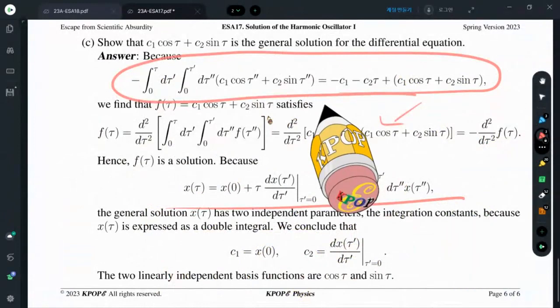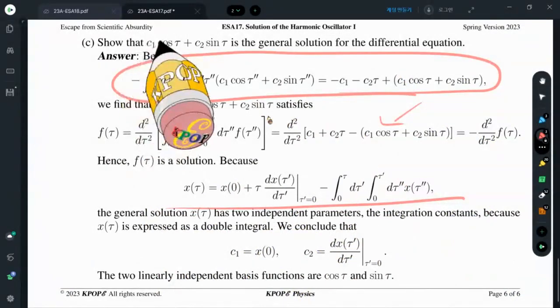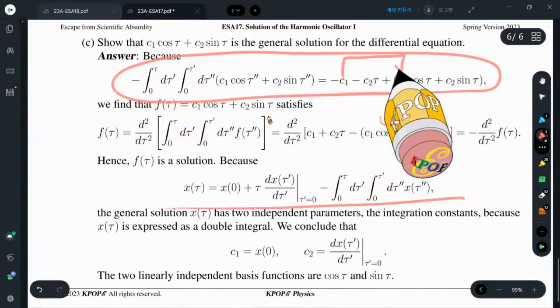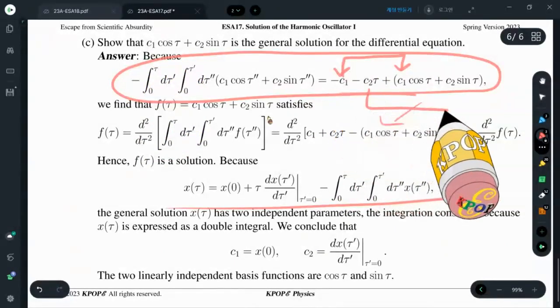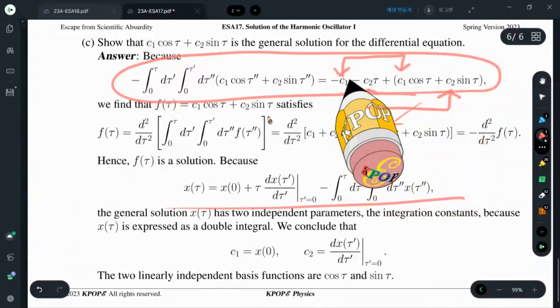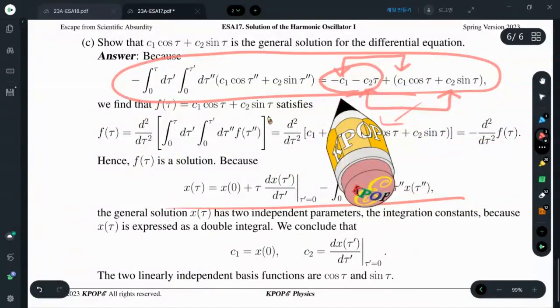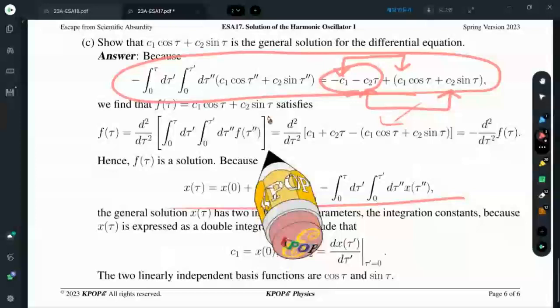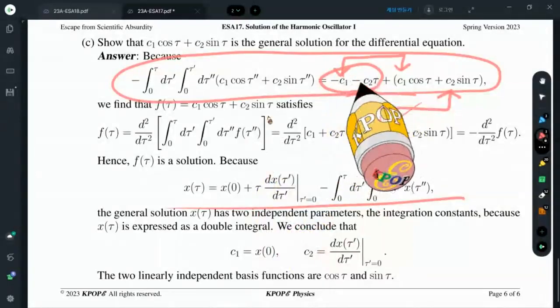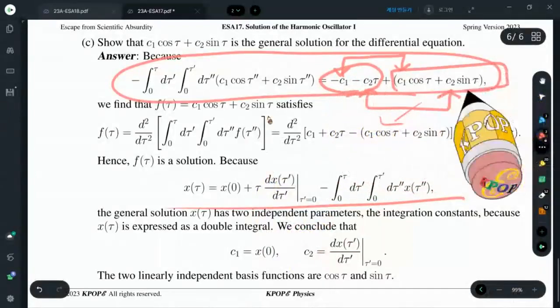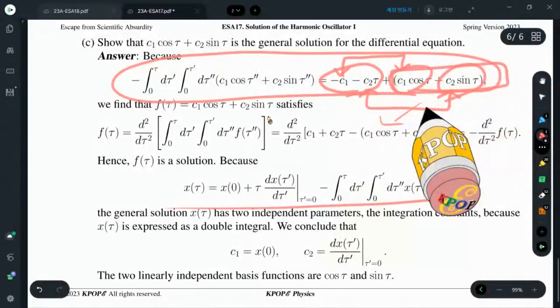Because what you have in C1 and C2 are completely correlated, even though after the second order derivative this guy disappears, still you have two linearly independent solutions surviving.